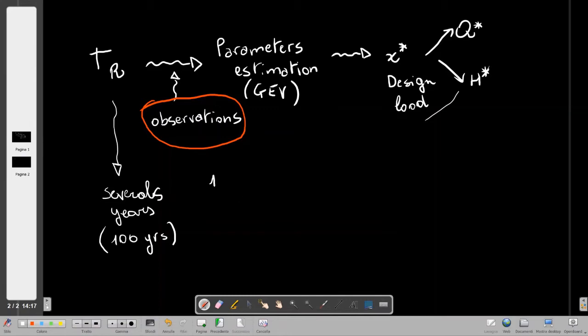So the first aspect is that observations must be long enough.